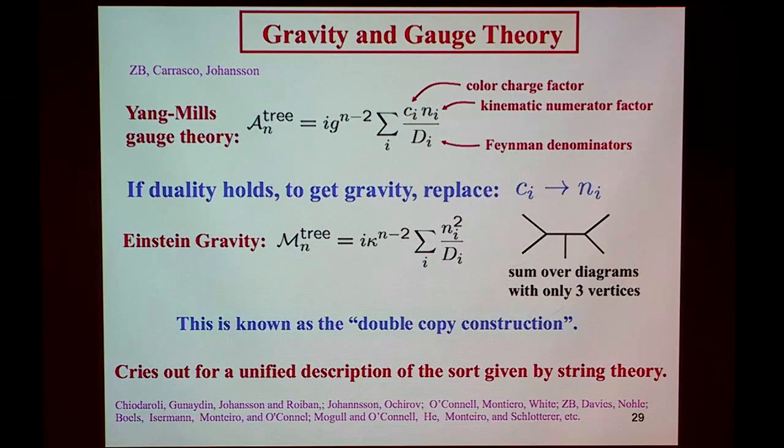It's great fun. And in fact, there's something very profound here, because we can start with Einstein gravity. We work this out, and we find these kinematic numerators, and they're identical to what you find in the Yang-Mills theory. Where did that come from?